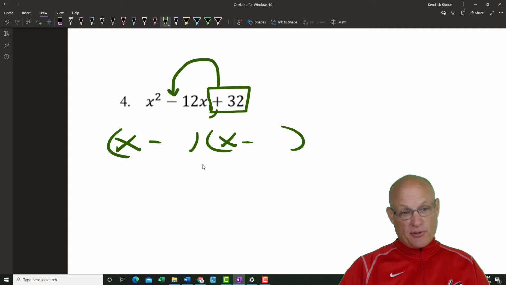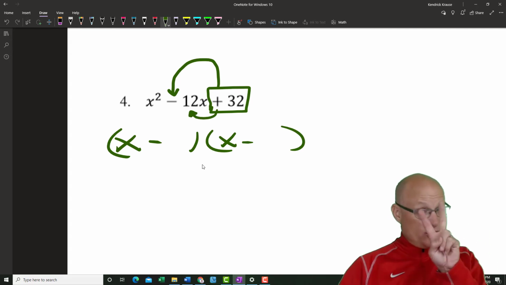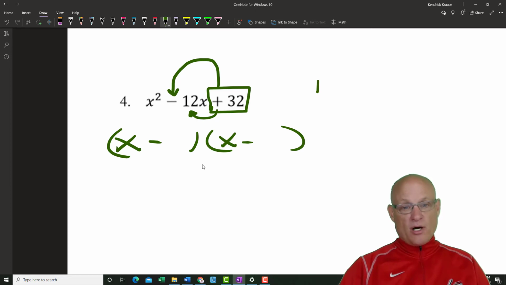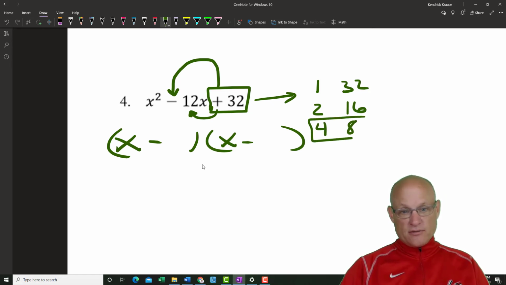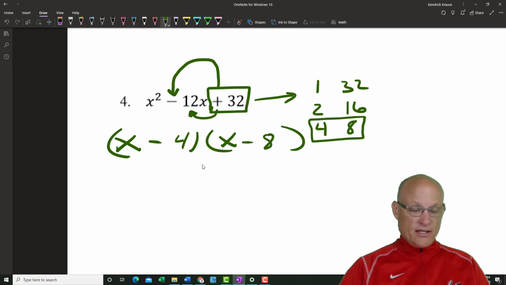But because this is a plus, they have to add up to 12. So I'll stop as soon as I get two numbers that add up to 12. So 1 and 32. They multiply to 32, but they do not add up to 12. 2 and 16. They add up to 18. 3 doesn't go in. 4 and 8. Oh, look. Those add up to 12. So 4 and 8.